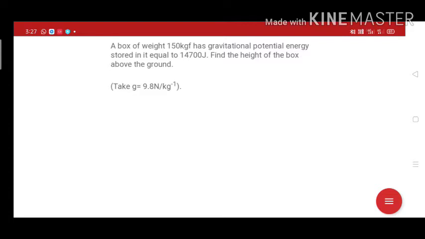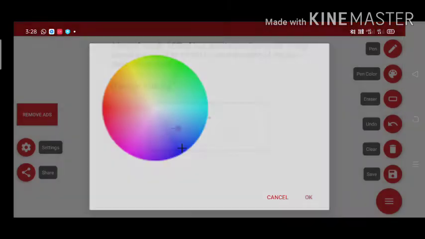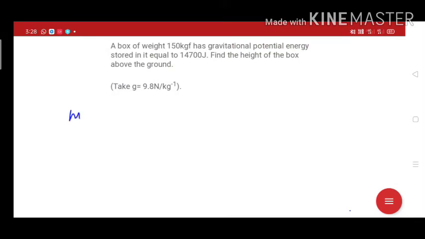Third question: a box of weight 150 kgf, that means mass is given, that is 150 kgf, has the gravitational potential energy stored in it equal to 14700 joule. That means here they give you the value of mgh, the potential energy.